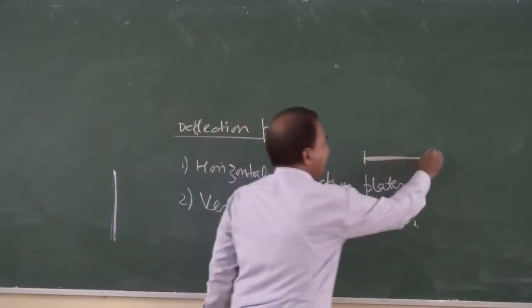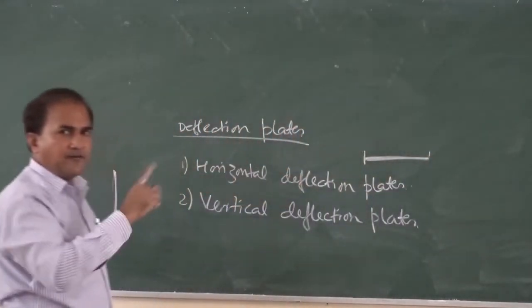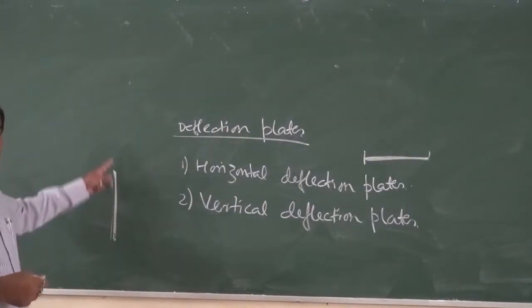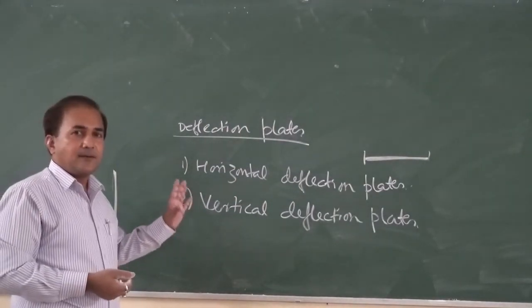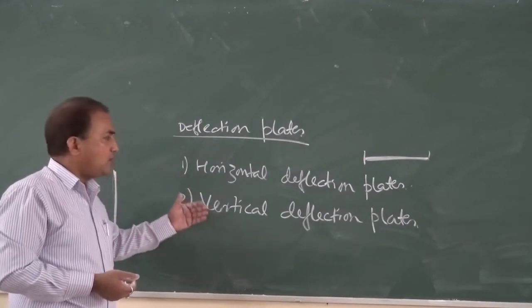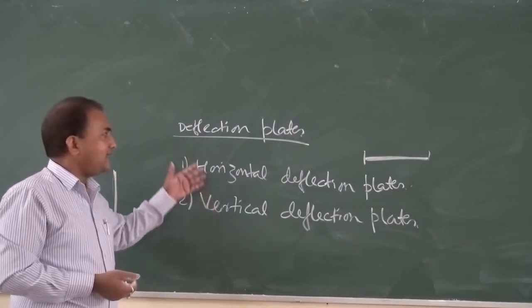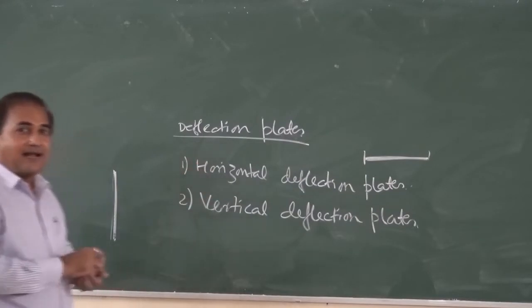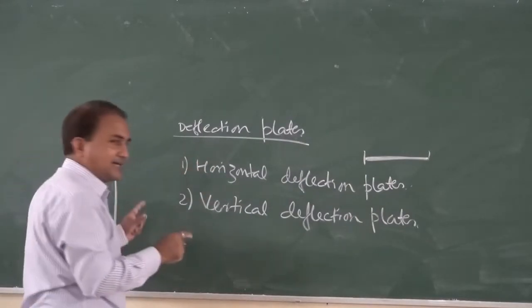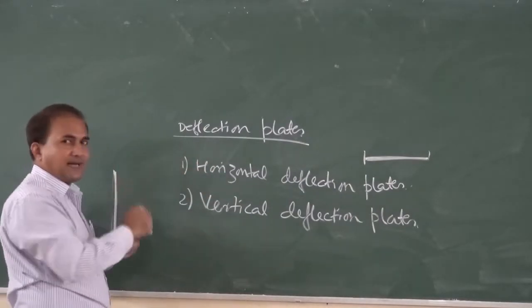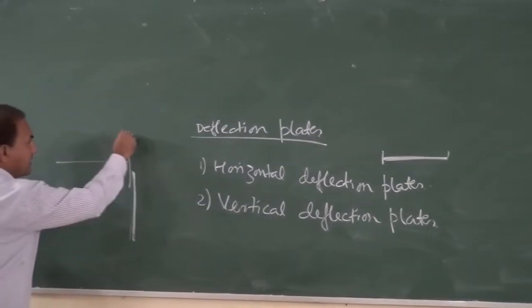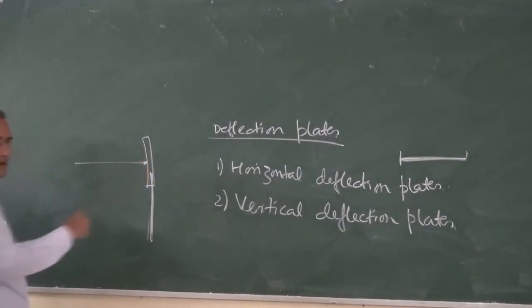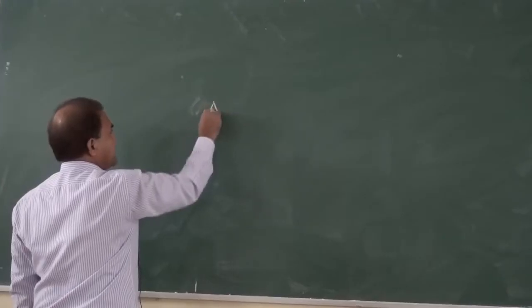This is the vertical movement of the electron and this is the horizontal movement, due to the application of potential to the vertical and horizontal deflection plates. If no voltage is applied to both the deflection plates, then the electron will hit at the center of the fluorescent screen.